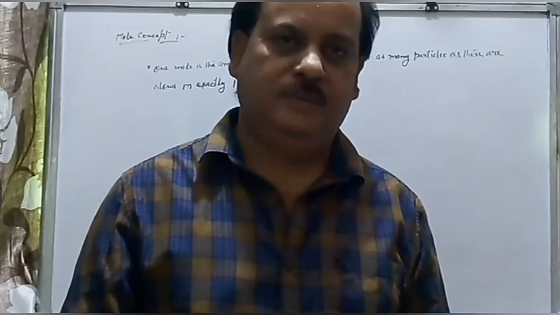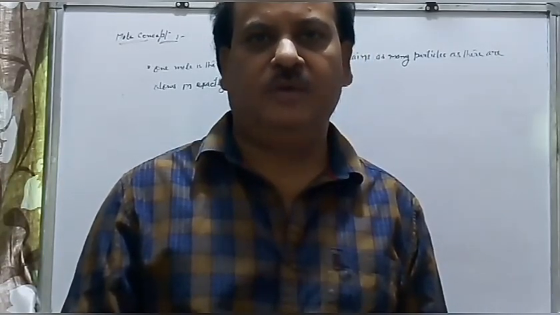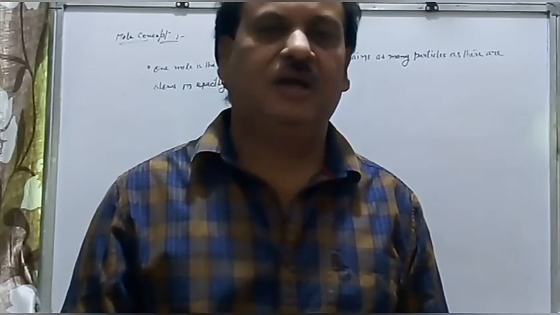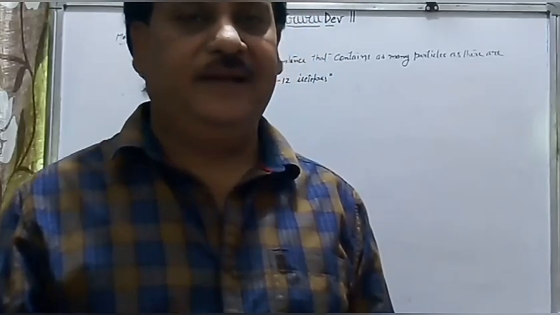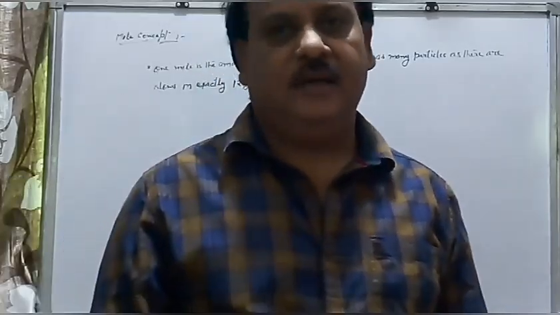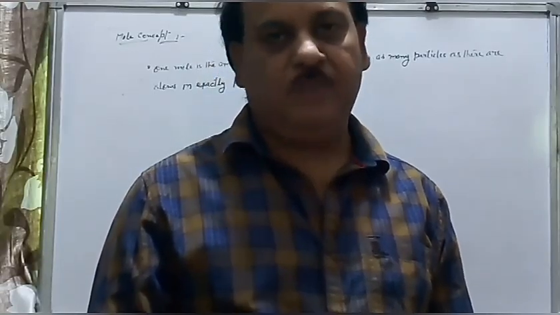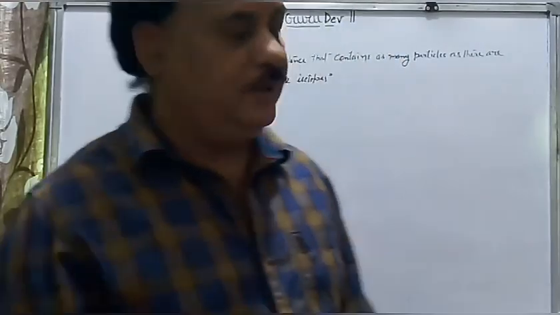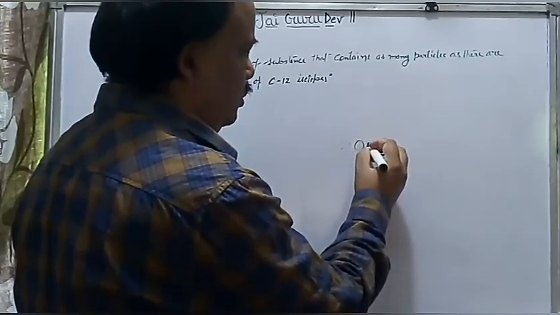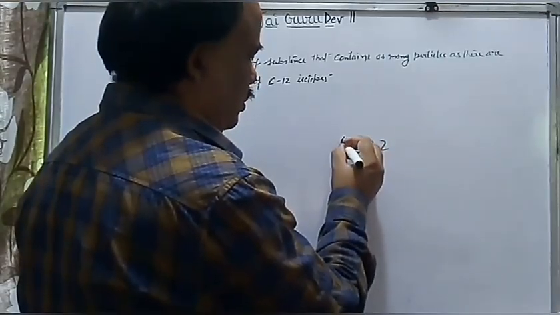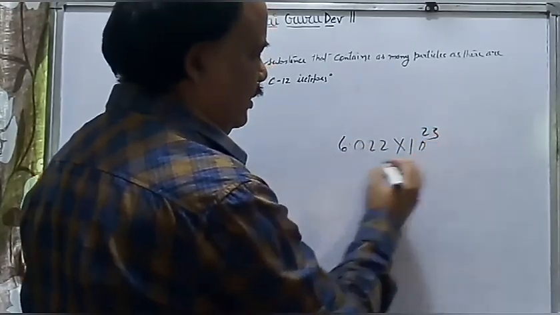Students, today we will study mole concept, empirical formula and molecular formula. We know that mole is a counting unit of chemists for counting small particles like atoms, molecules, ions, electrons, protons, etc. One mole represents 6.022 into 10 to the power 23.